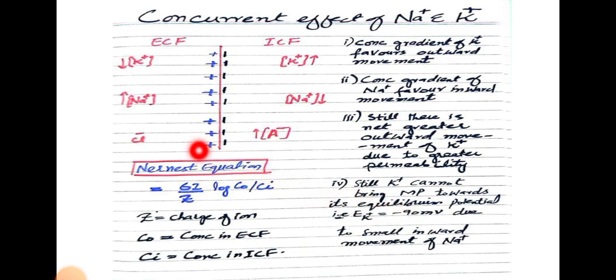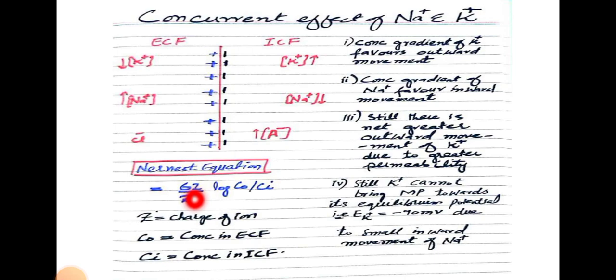This is because some of the sodium that comes inside along with its positive charge neutralizes these negative anions. Therefore, the membrane potential is minus 70, not minus 90 millivolts.